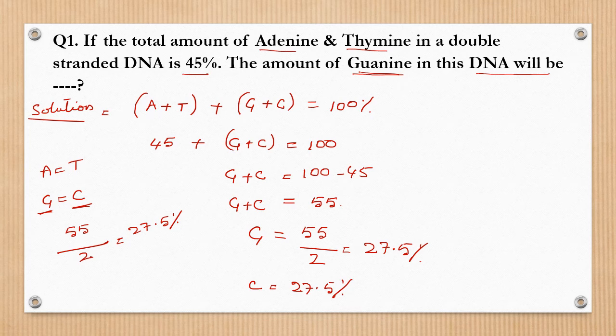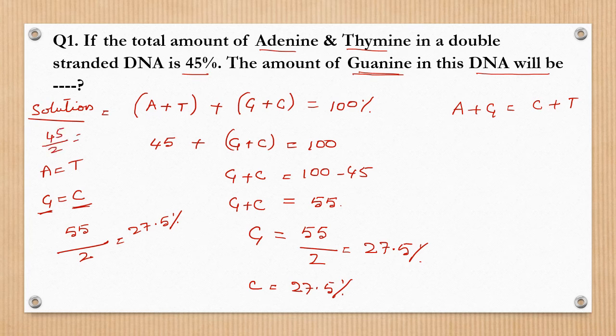Now, as per Chargaff's rule, purines A plus G is equal to C plus T. Here A plus T is 45, adenine and thymine together. A is equal to T, that means 45 divided by 2.